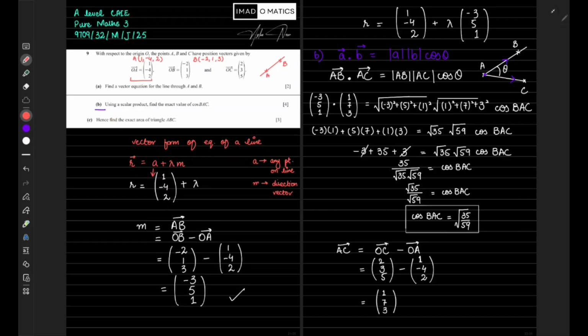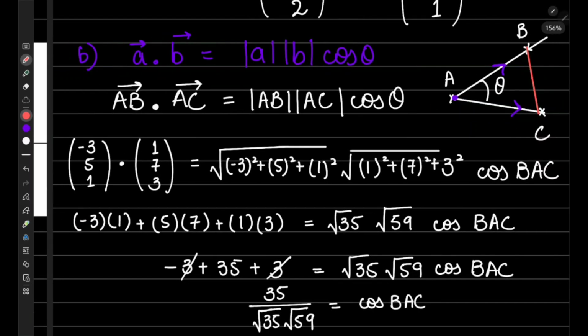Hence find the exact area of the triangle ABC. How can we find out the area of the triangle? If you can see, this becomes a triangle ABC. So if we need to find the area of any triangle, we can use the sine law, because it's not a right angle triangle, so we cannot use the general area of triangle formula.